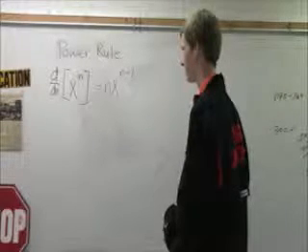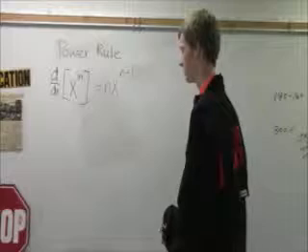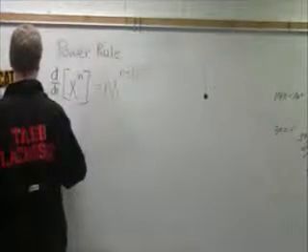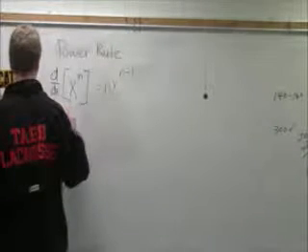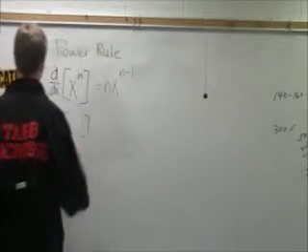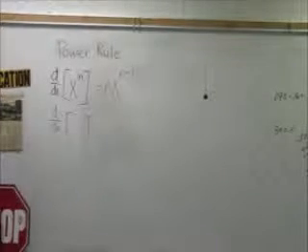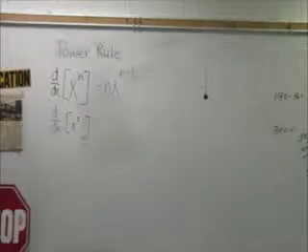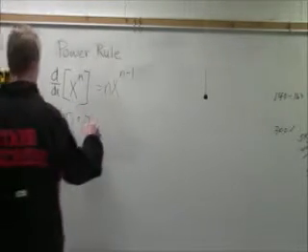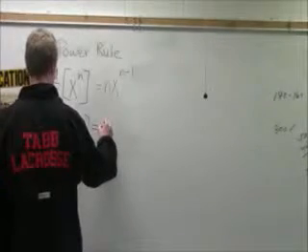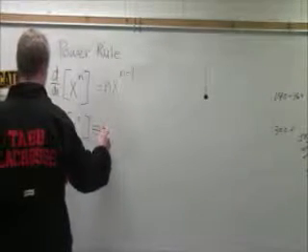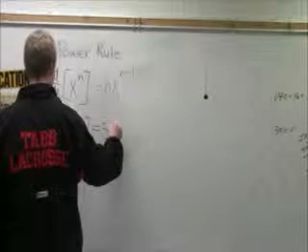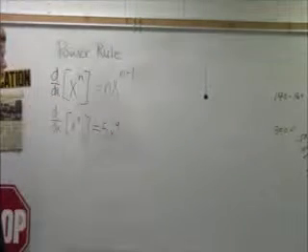We'll use a real example with numbers now. So d over dx of x to the fifth equals 5x to the fourth, sorry.